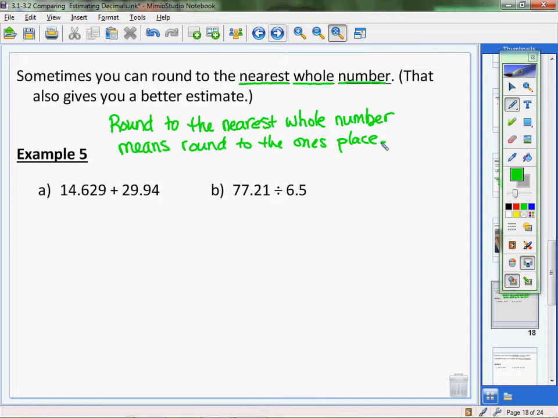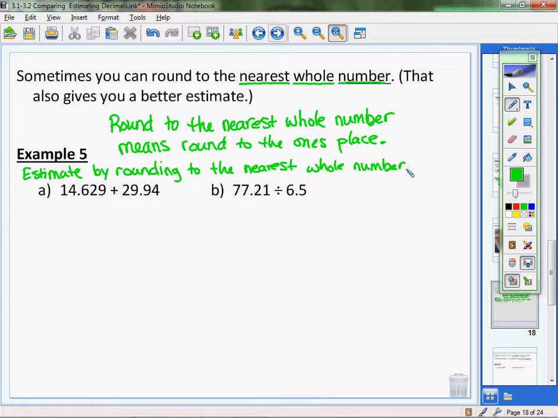So in example 5, we're going to estimate by rounding to the nearest whole number. Part A is 14 and 629 thousandths plus 29 and 94 hundredths.